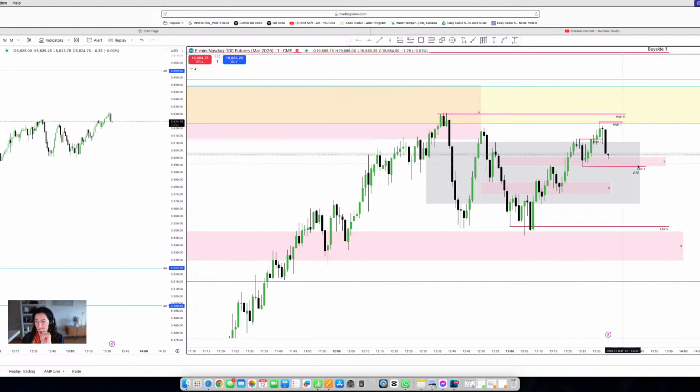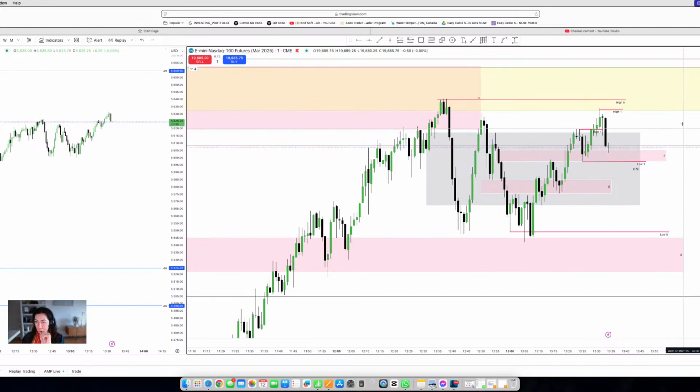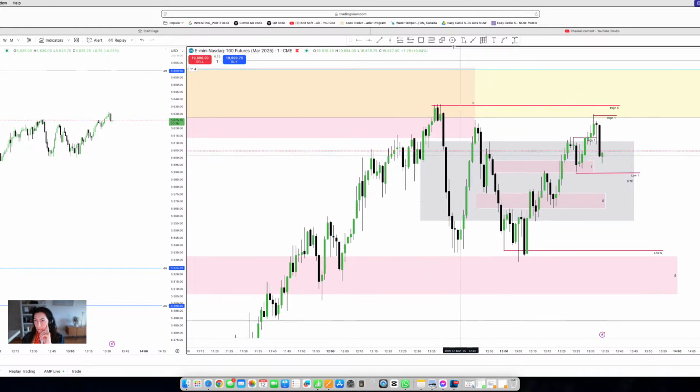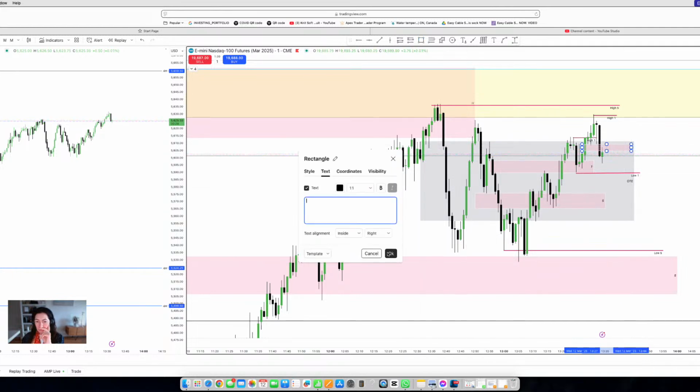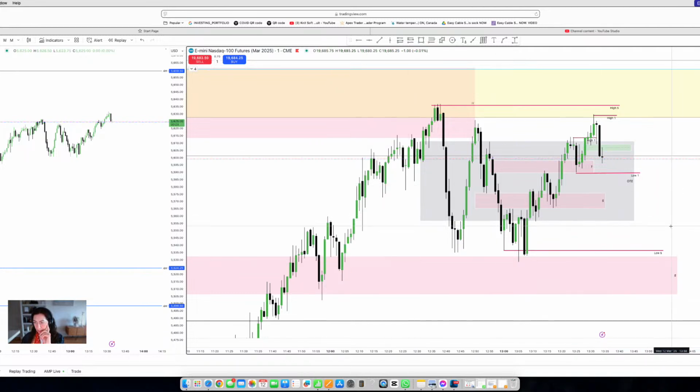See if we break this low. See if we invert this fair value gap.